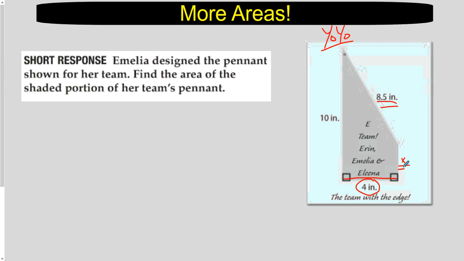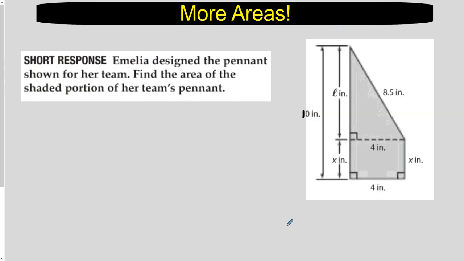Okay. The key to this is changing the picture just a little bit. If we redraw it like this, as a rectangle and a triangle, that might be a little bit more helpful. Because now that I have this right triangle, I know that the base of this right triangle is 4 inches. I can use this 8.5 to find this distance. So let's do that.